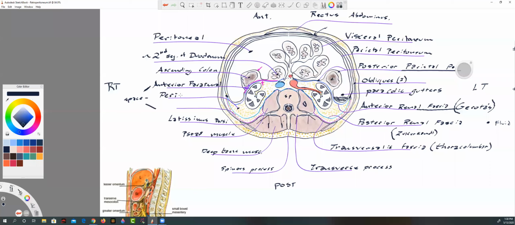Peri with an I, renal space. And then back here is fat only. There's no organ inside of this space, and that is the posterior pararenal, with an A, space.